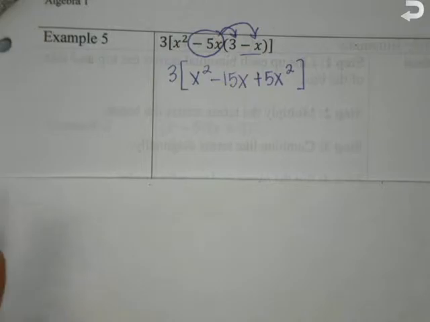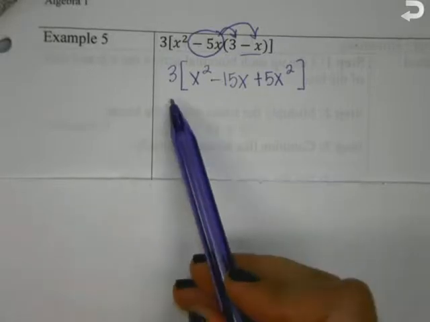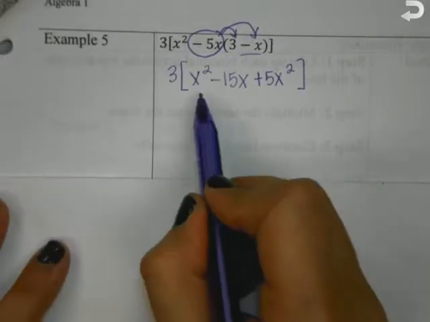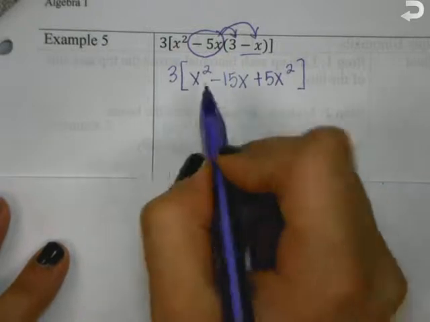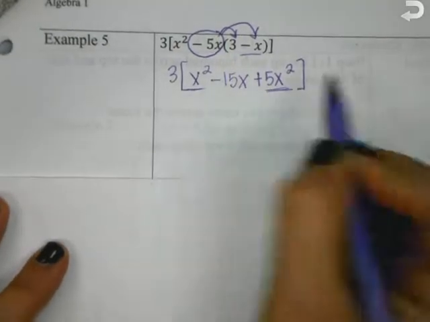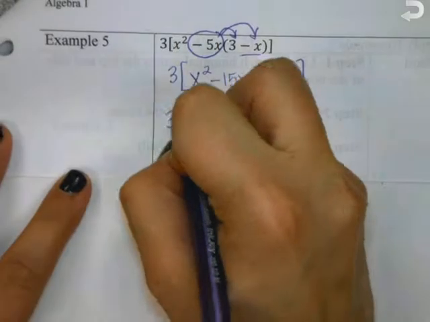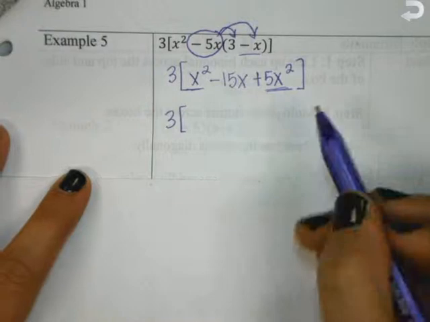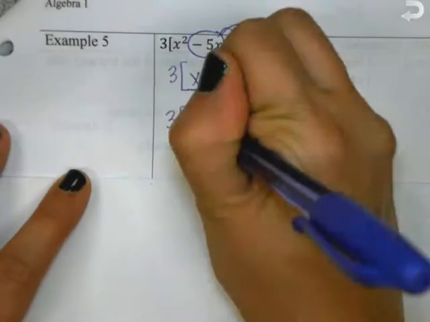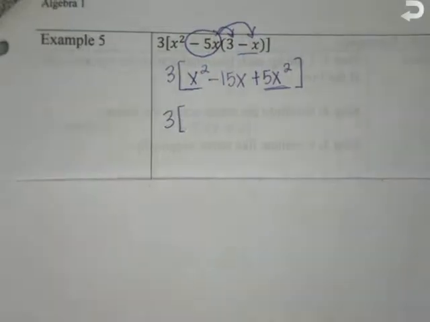Now Tegan says, can we distribute the 3? We can. However, inside the brackets, do you guys see like terms? It's going to be easier on you if you combine like terms now and then distribute. But you could distribute and combine like terms later. It goes either way. It's just a little bit easier if you combine like terms first, because then you have less things to multiply. So we have 3 bracket. What's x squared plus 5x squared? 6x squared.